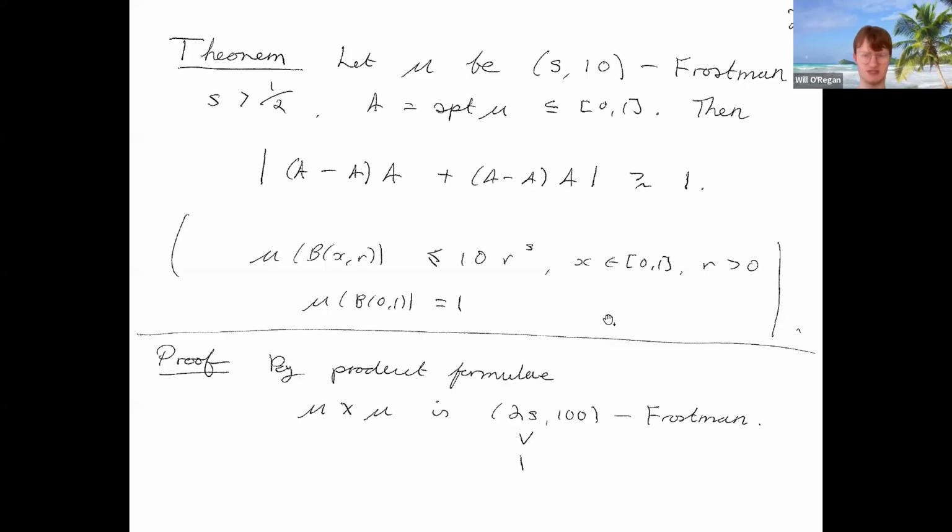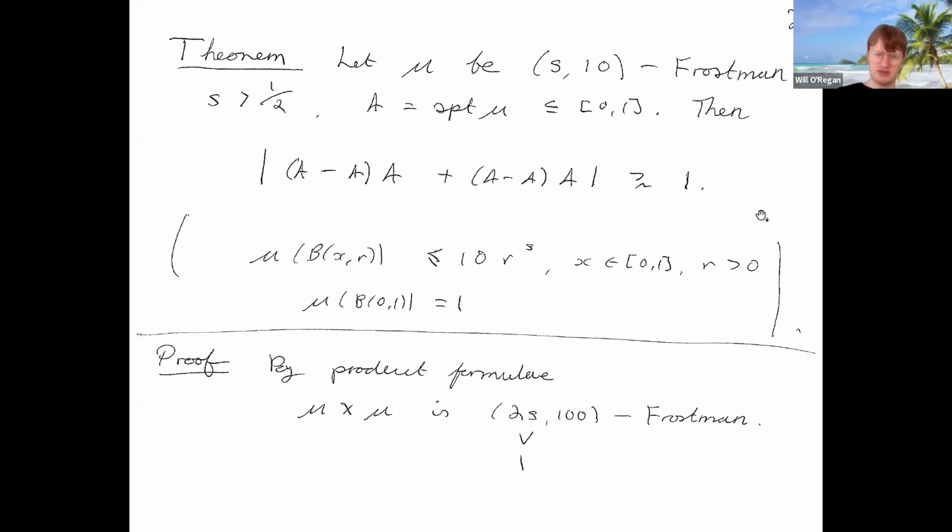It's the same sort of idea: you essentially want to take mu and build it up somehow. One way you can do this is by considering mu cross mu, which will live in the plane. It will be 2s-Frostman, and that 2s is bigger than 1. So now we have a measure in the plane and its dimension is larger than 1.